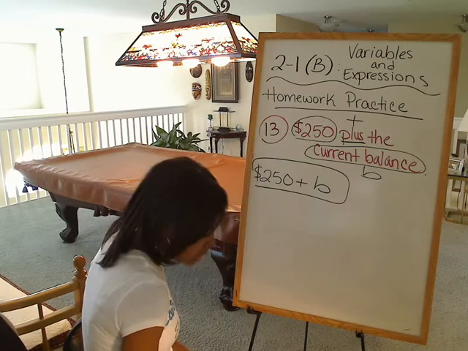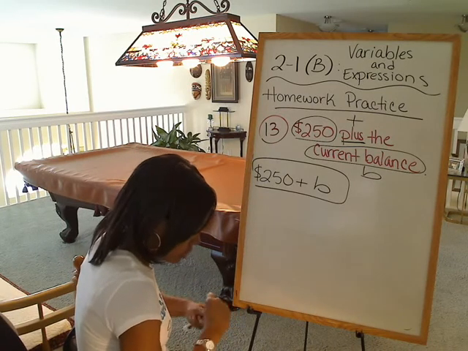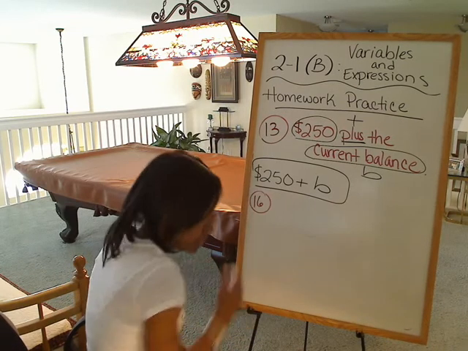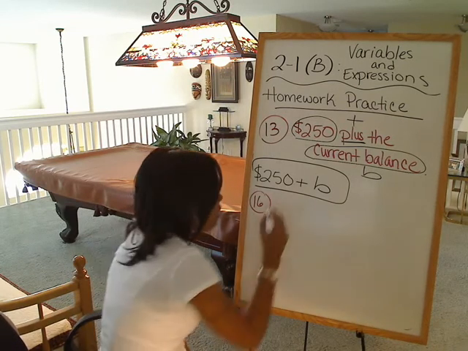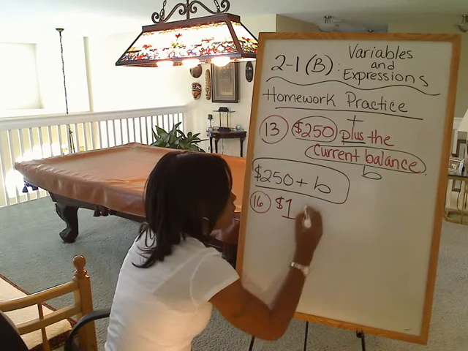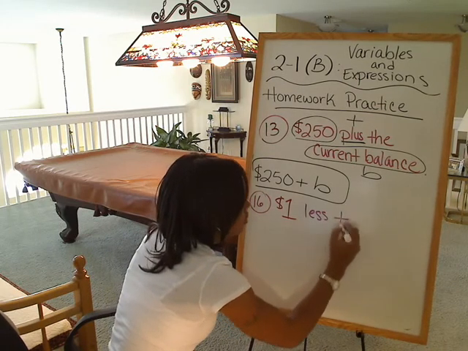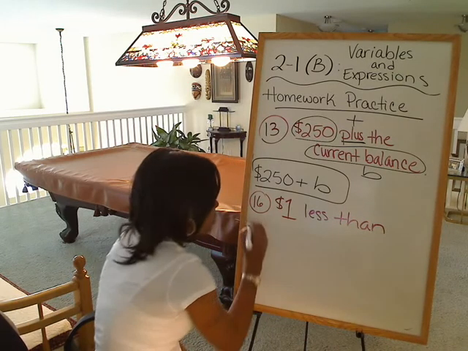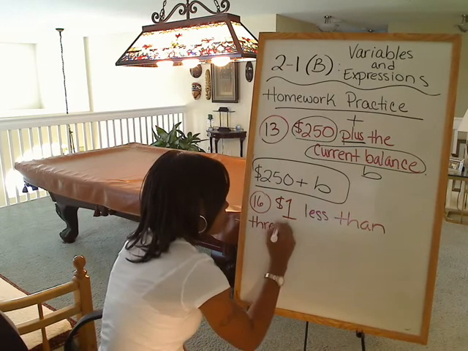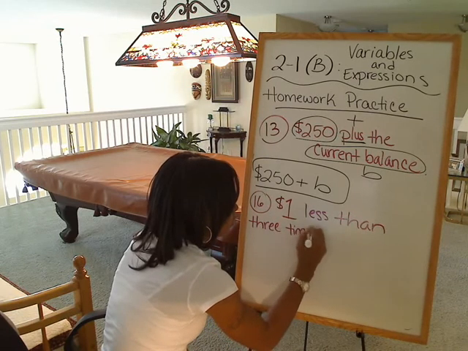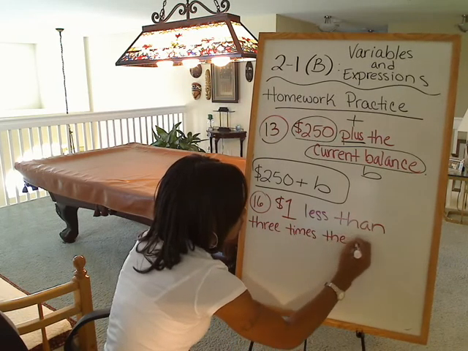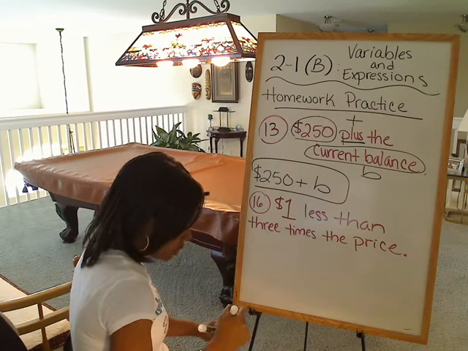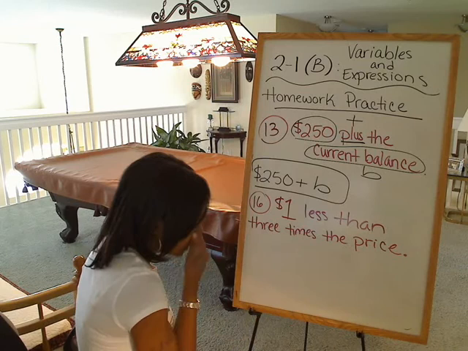Let's do number 16. It says $1 less than 3 times the price.